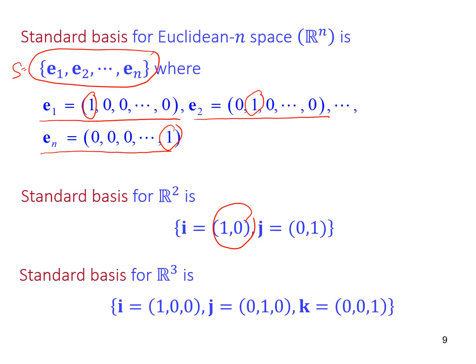For R3, we have i, j, and k forming the standard basis for R3, as given by the very first example that we considered earlier.